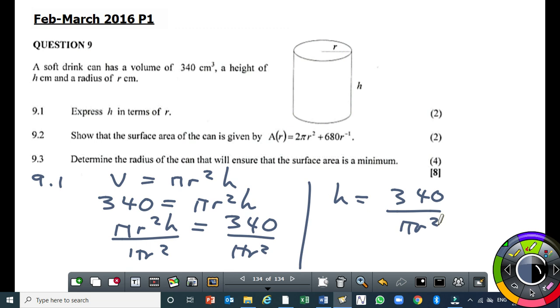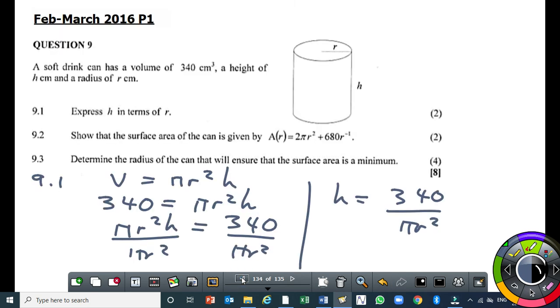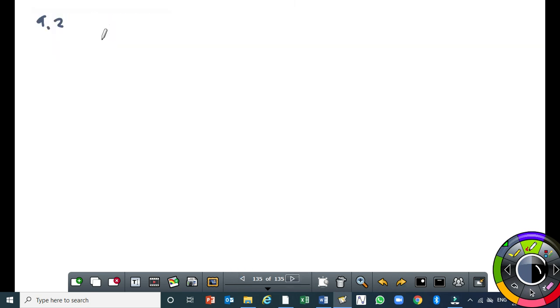If we assume that both of them are there, like in this question here, how do you calculate the area of a circle? Pi r squared. So in 9.2, our surface area, which in this question is denoted by A, that's our surface area. So I'll say A is equal to 2 pi r squared. Why 2 pi r squared? Because this is pi r squared, that's also pi r squared. So it becomes 2 circles.